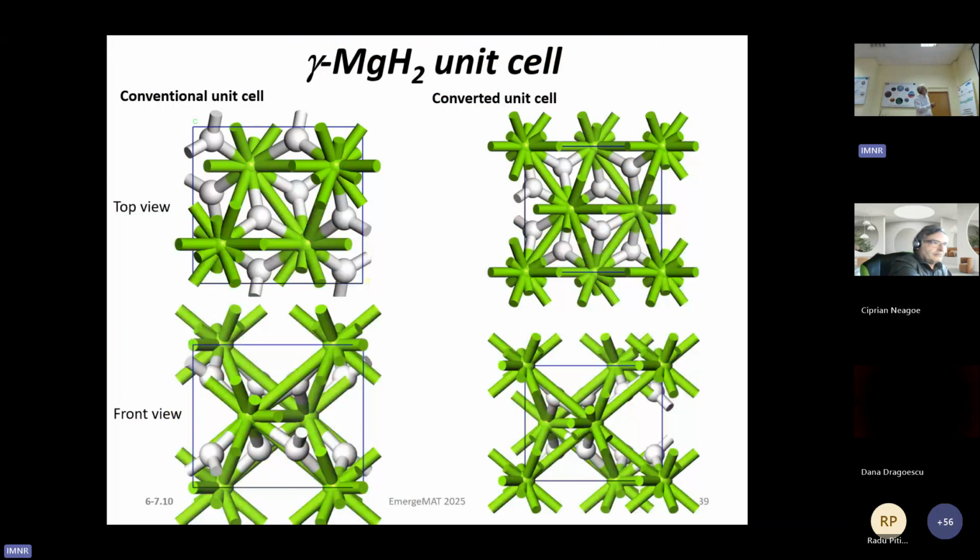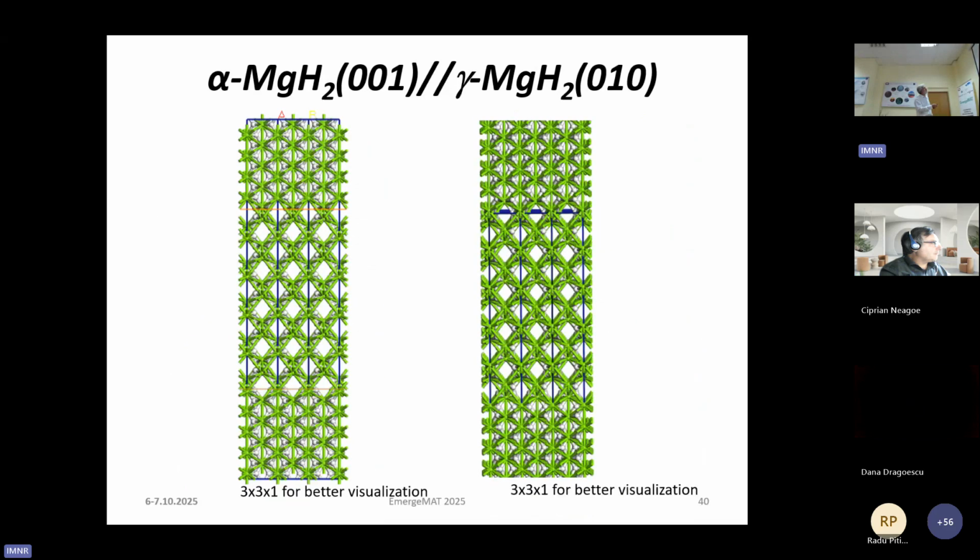So we can take this gamma unit cell, and I transform a bit the unit cell in order to have magnesium on the edges of the unit cell to be compatible with alpha, the magnesium hydride. And here I created such interfaces.